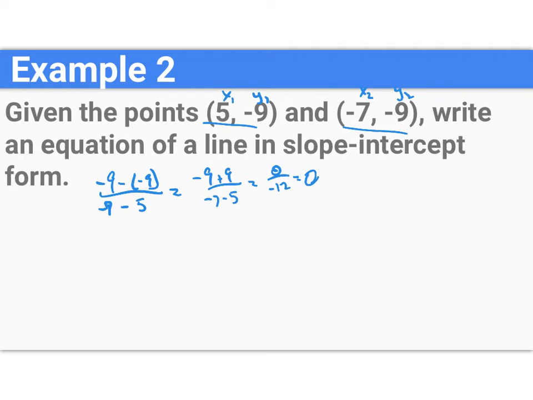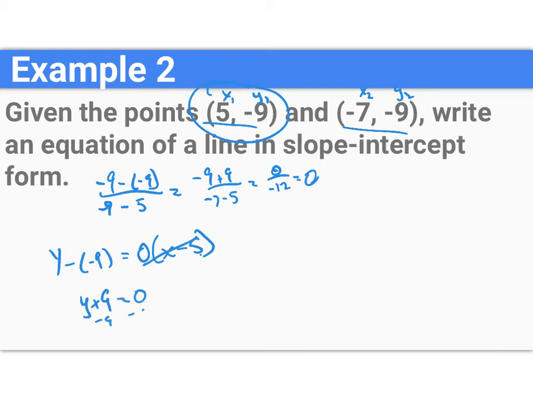We have no slope, and so we're going to use this one point, and the y and the equation formula. 0 times x minus 5. Anything times 0 is 0, so that side cancels out. You got y plus 9 equal to 0. Subtract 9 from both sides, and y equals -9.